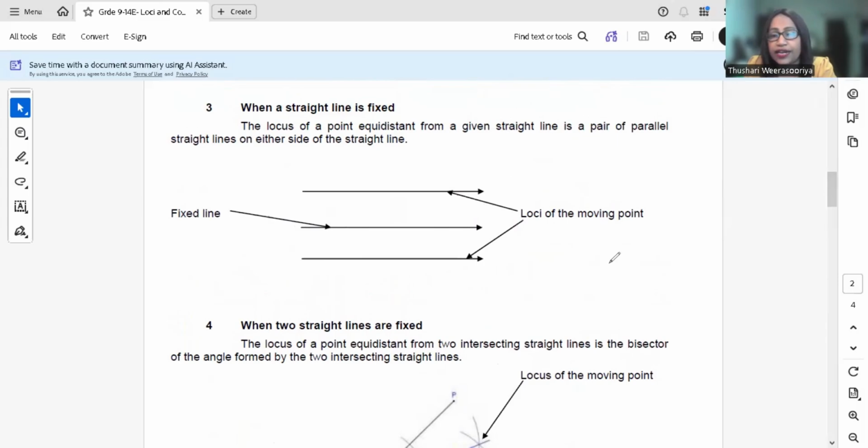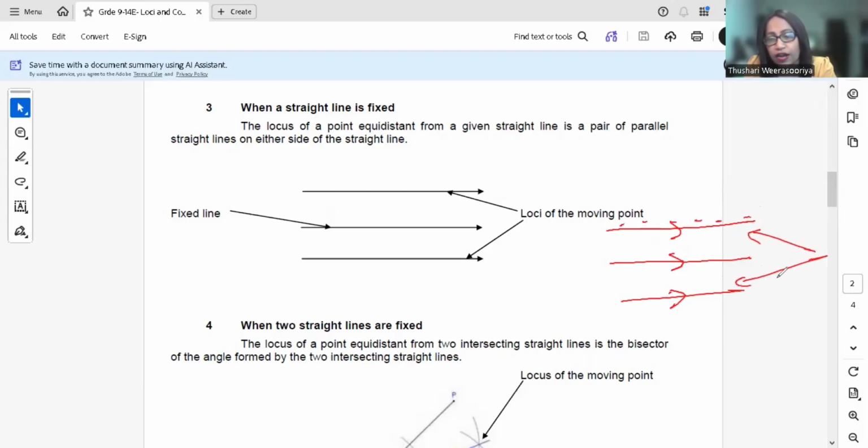I can draw a straight line, and I can ask one child to walk while keeping an equal distance from it. Then they have to walk drawing a parallel line, on either side of the line. They can walk on either side of the line. This is the locus.